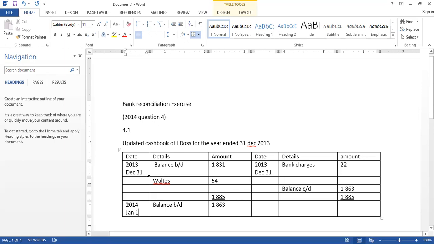That's why you have a balance brought down on the 31st of December, because this is not your final figure. You are trying to adjust this amount which is wrong. So after getting the correct amount, that's when you bring it down to the next financial period or the next day. Do you understand? Yes. Okay.